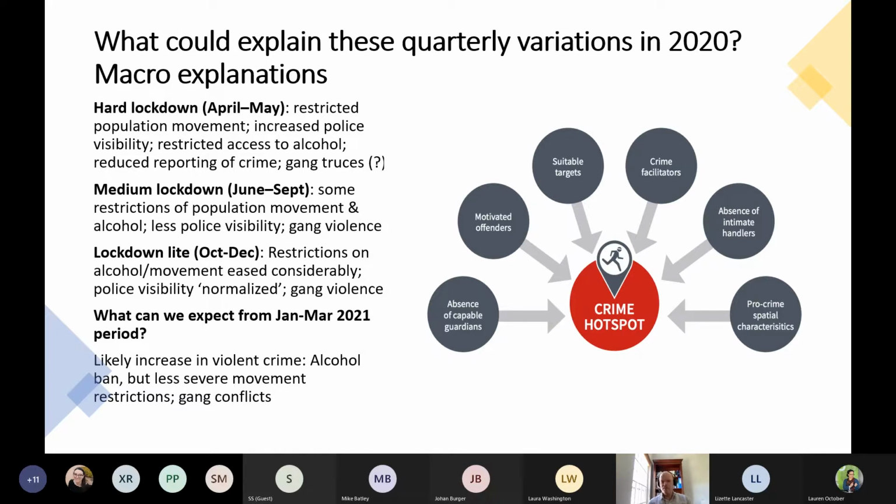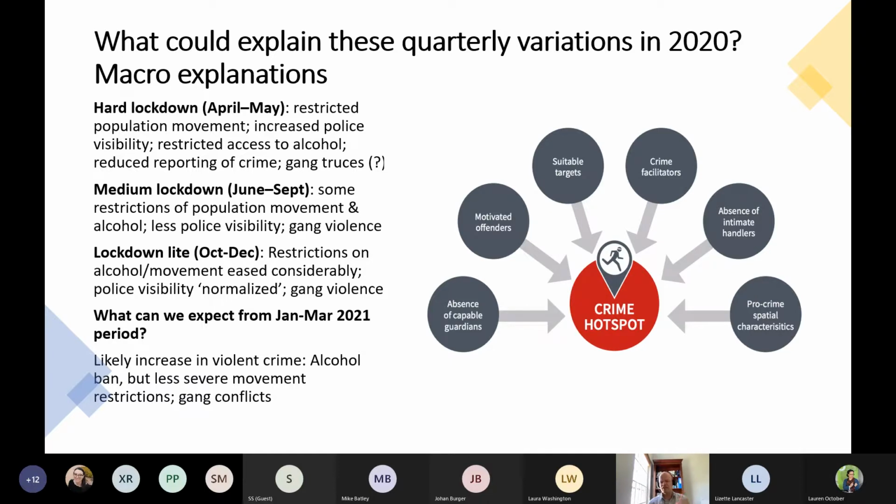There usually is, it often occurs in a space where there's an absence of a guardian or the police. It often takes place if there are crime facilitators. So, for example, if an offender has a gun, or if there has been consumption of large quantities of alcohol, and that alcohol facilitates arguments between perpetrator and victim or between individuals, and that can then lead to violence.